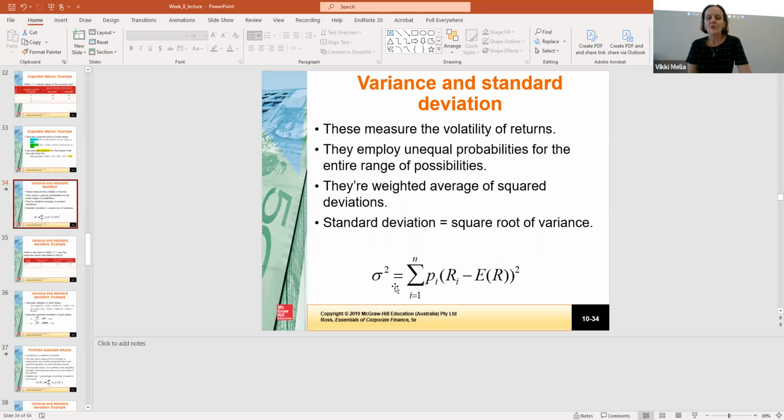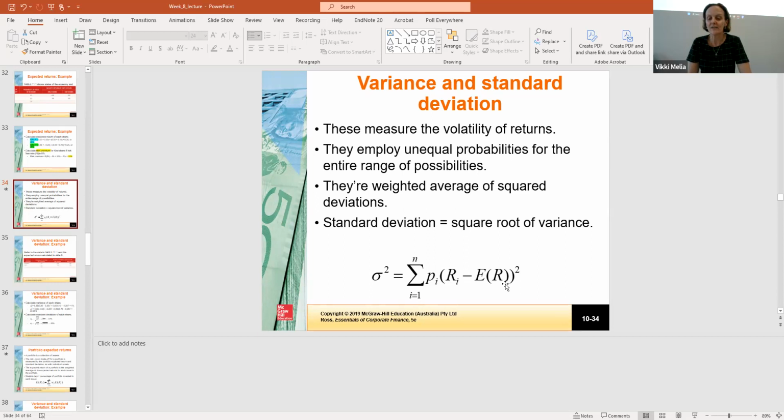So if we wanted to calculate the variance looking forward using expected returns in the future, the variance is equal to the sum of the probability of a state occurring, the probability is P, multiplied by the expected return, the return in that state, minus the total expected return from the asset.